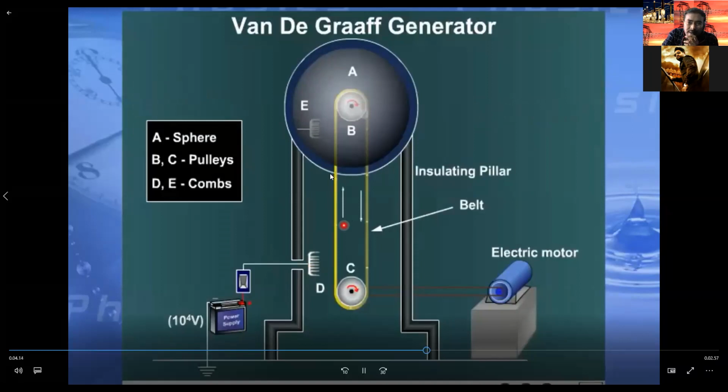The Van de Graaff generator consists of this hollow metallic sphere A. This sphere is mounted on an insulating pillar. B and C are two fixed pulleys. A belt made of silk.